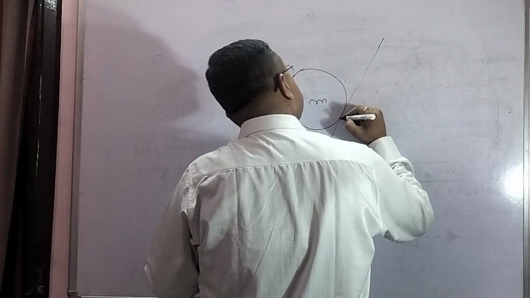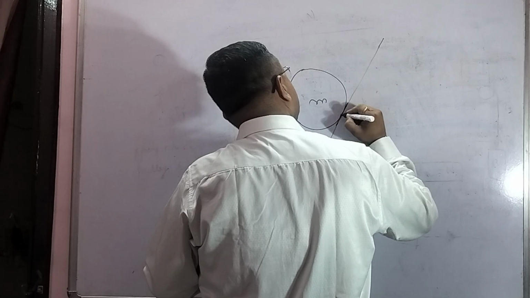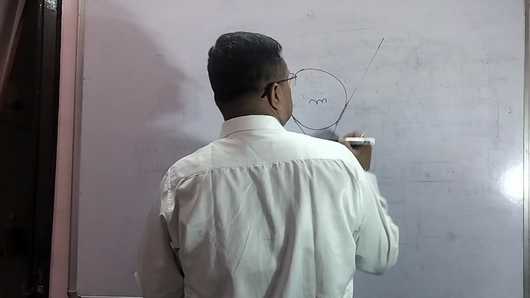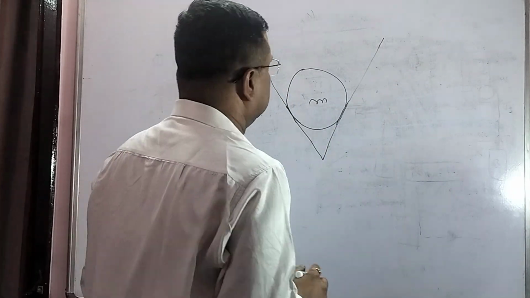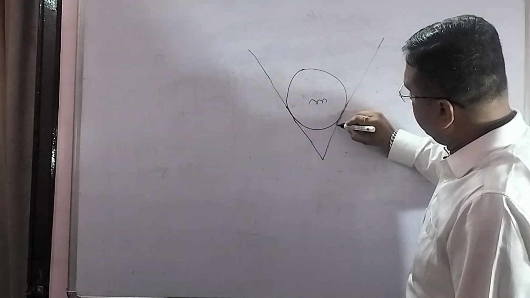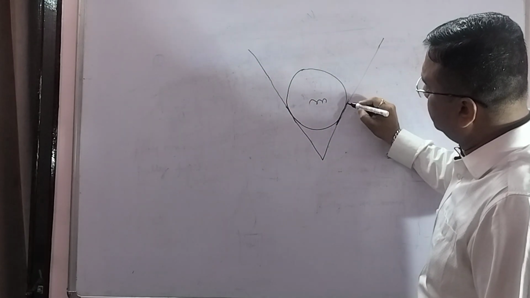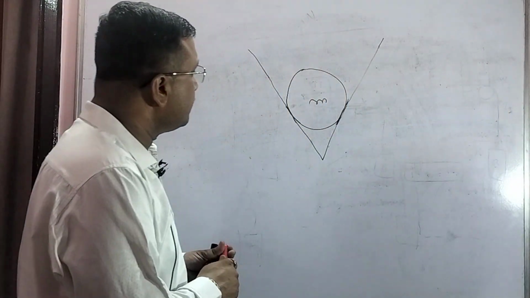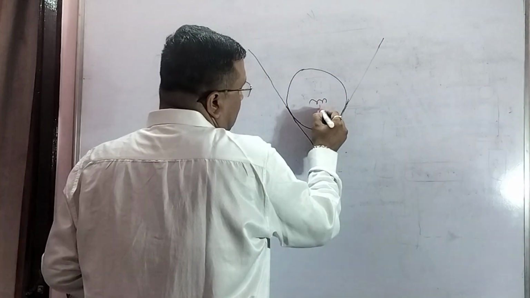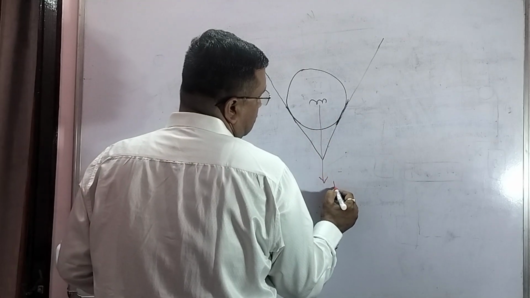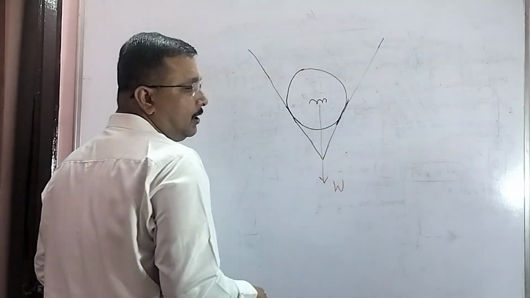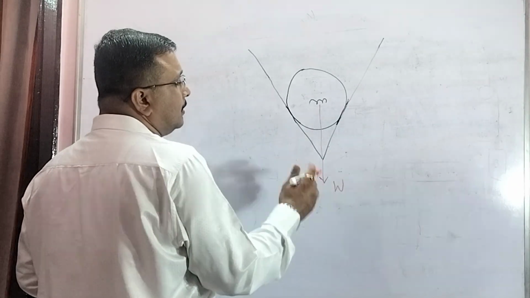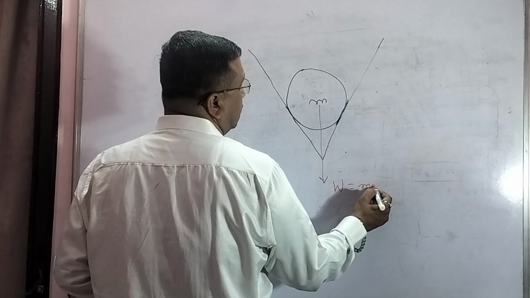So here one contact surface is this, another contact surface is this. Correct. So what will happen? Mass m is there, so weight will be in downward direction, and it is m, so it will be equal to m into g.